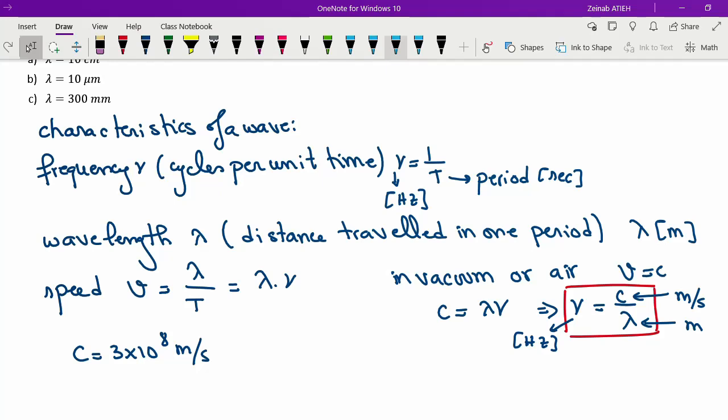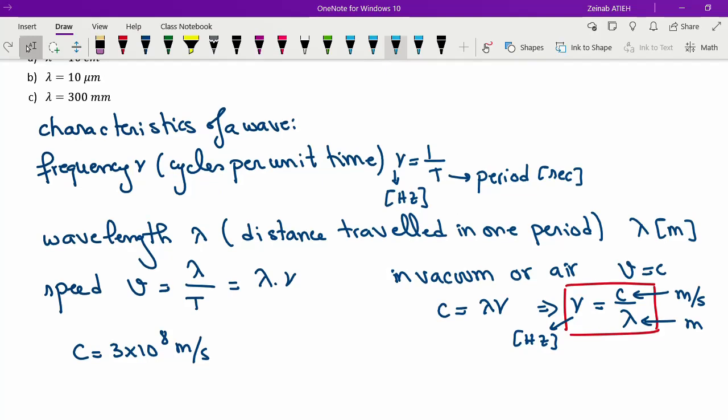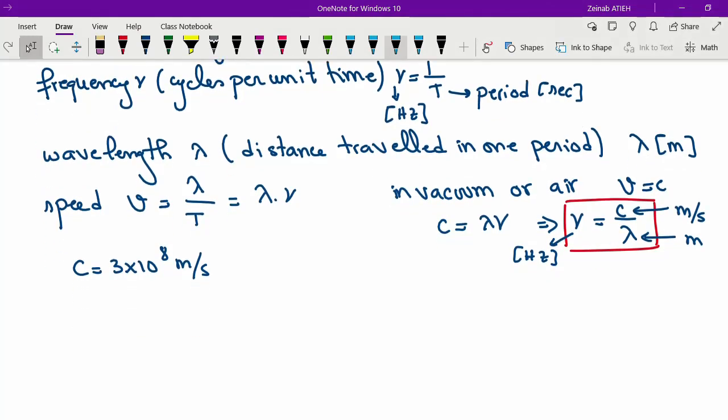Now what is the wave number? We did not speak yet about the wave number. The wave number, let me write it down. The wave number is the spatial frequency of a wave.